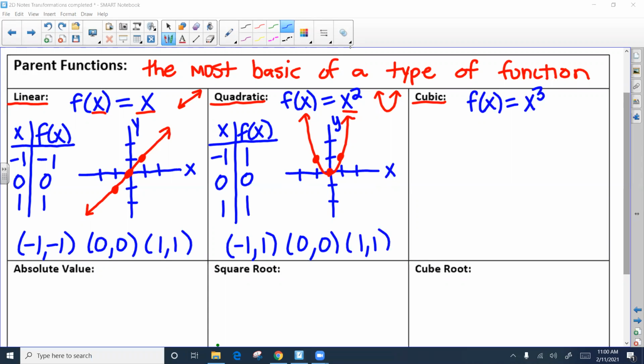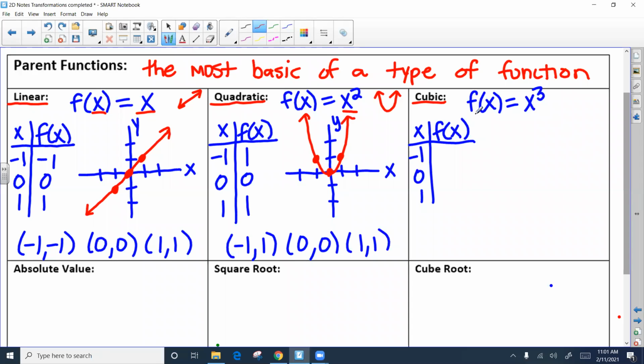I know you would have seen those in Algebra 2 at some point, but just like we are doing on the other ones, we are going to make a table of values. Okay, so we're gonna make our input-output table, so x and f of x, and we're gonna pick the same x values, -1, 0, and 1, so the same inputs. So let's find our outputs here.